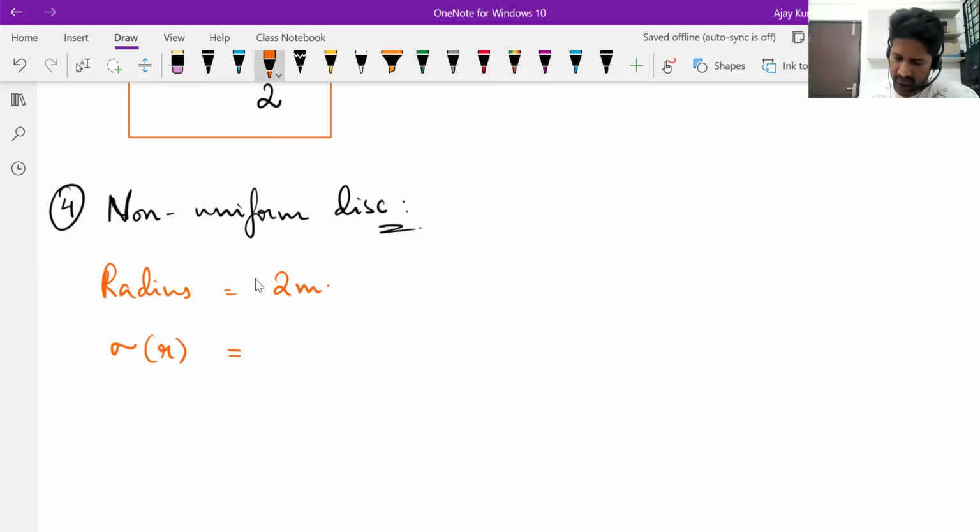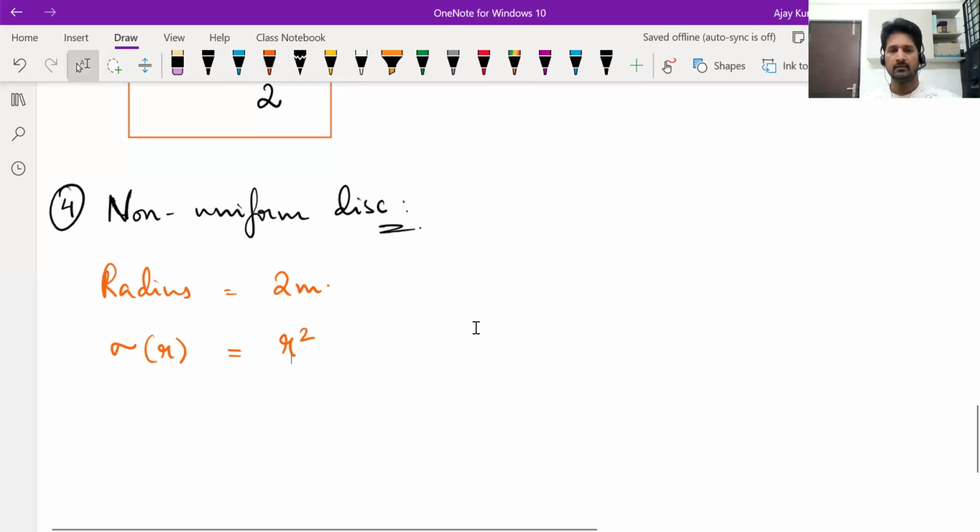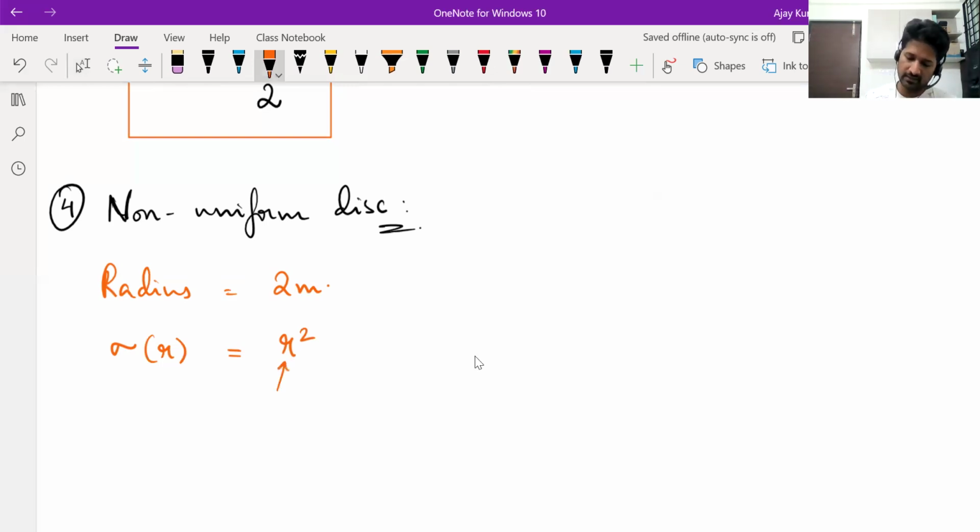Let's say the areal mass density depends on the distance from the axis as r square. Fine. See, we take the disk as a collection of rings, no? Ring to ring, the radius will be changing, and radius to radius, the density is changing. Means different rings have different densities.